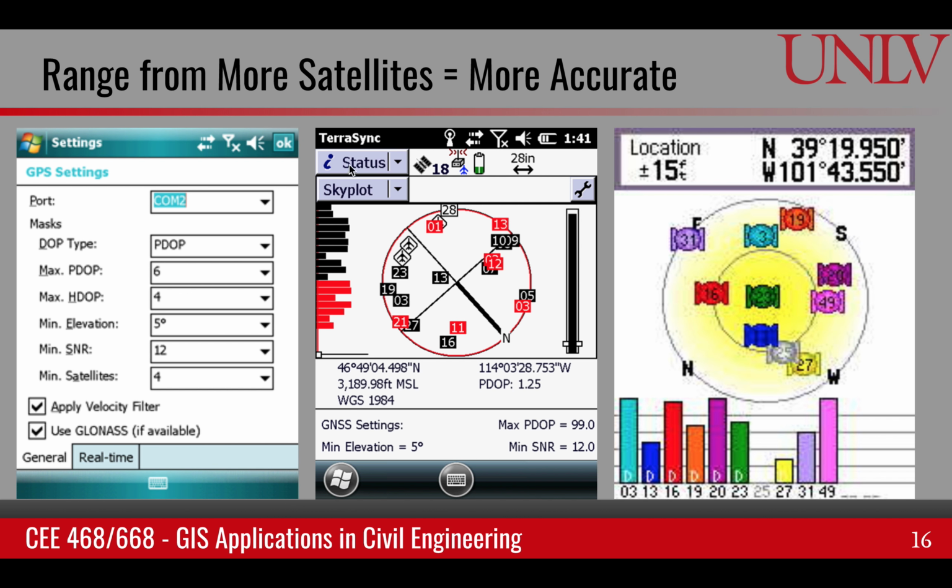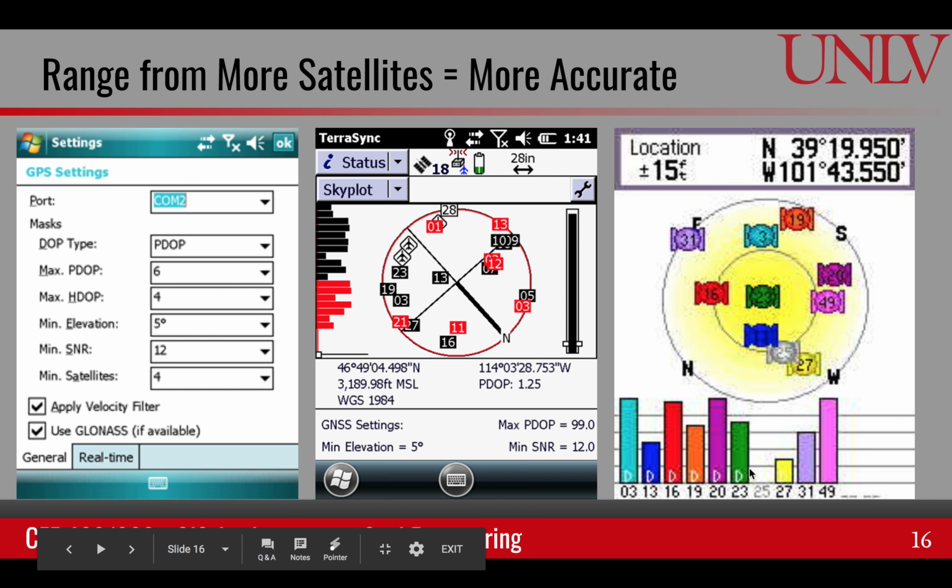Here, this is a TerraSync software on a mobile device, and it even tells you where the signals are coming from in the sky using a sky plot. And likewise, this is a Garmin unit, and it's giving a sky plot showing all the satellites and directions, cardinal directions, as well as the signals coming from all of these satellites and how strong those signals are relative to each other.